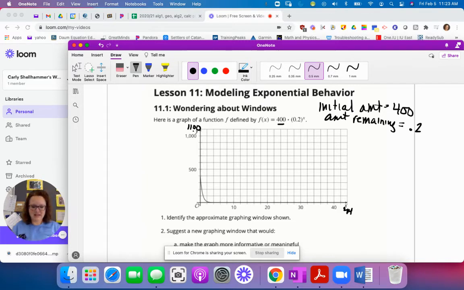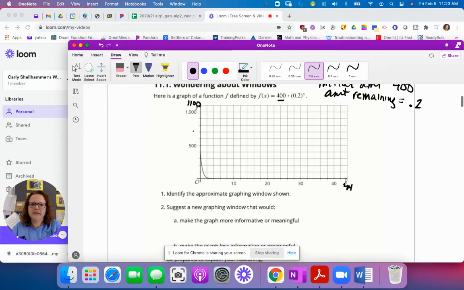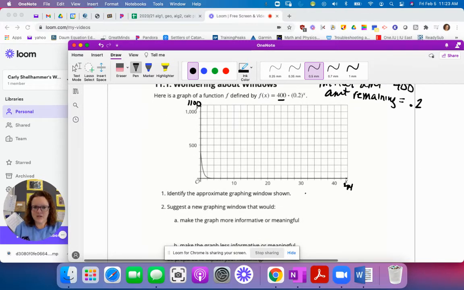That's a terrible window. So to actually answer this question, we can say 0 is less than x is less than 44. So the x-axis goes from 0 to 44, and the y-axis goes from 0 to 1,100. That's a terrible graphing window.